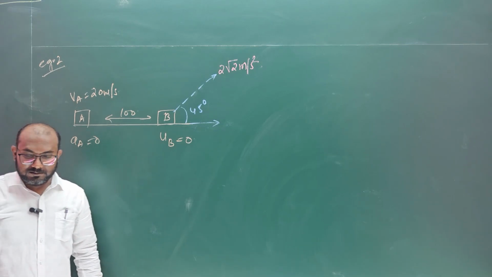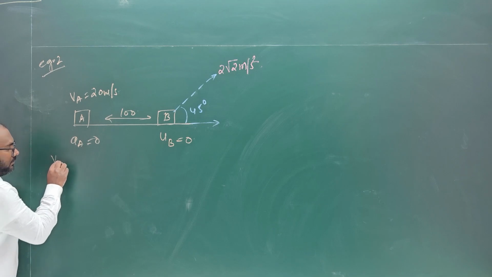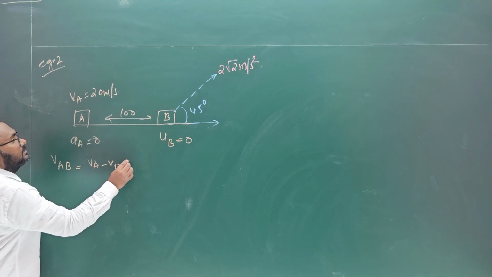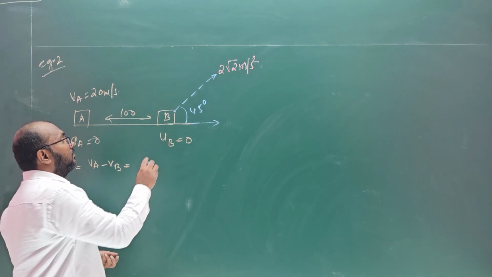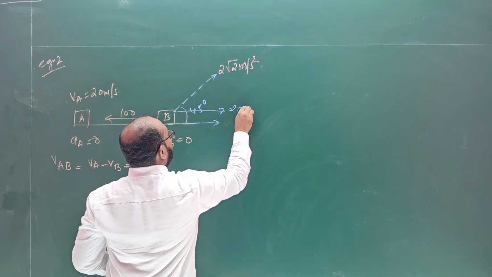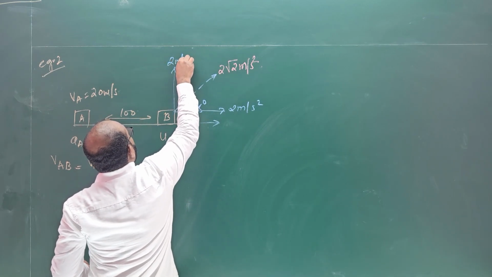Come on, try this. Let us calculate first VAB. So VA minus VB, and this is nothing but resolving the components. Initial velocity is 0, acceleration becomes 2 meter per square second in the x direction, and 2 meter per square second in the y direction.